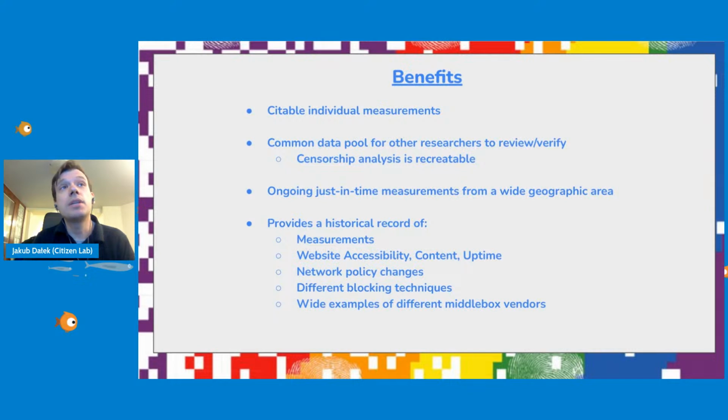In essence, it allows you to provide a historical record, not just of measurements, but of website accessibility, of the content that they're returning, of website uptime, network policy changes, whether they're local, national, ISP, office, library, what have you. And it just has a lot of examples of different blocking techniques and of what different middlebox vendor blocking looks like.